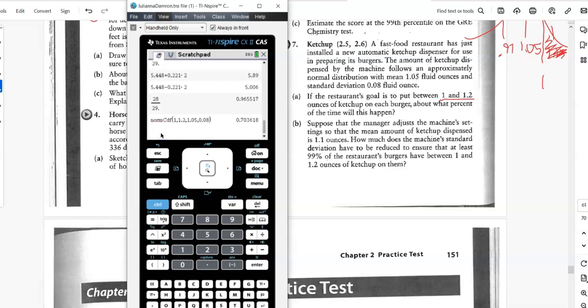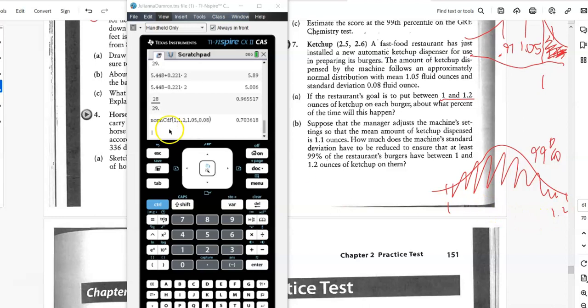Okay, first let's figure out, we want at least 99% to have between 1 and 1.2. Suppose the manager wants at least 99% between 1, so like 1 would be here, and 1.2 way out here or something. And so that would represent 99%.